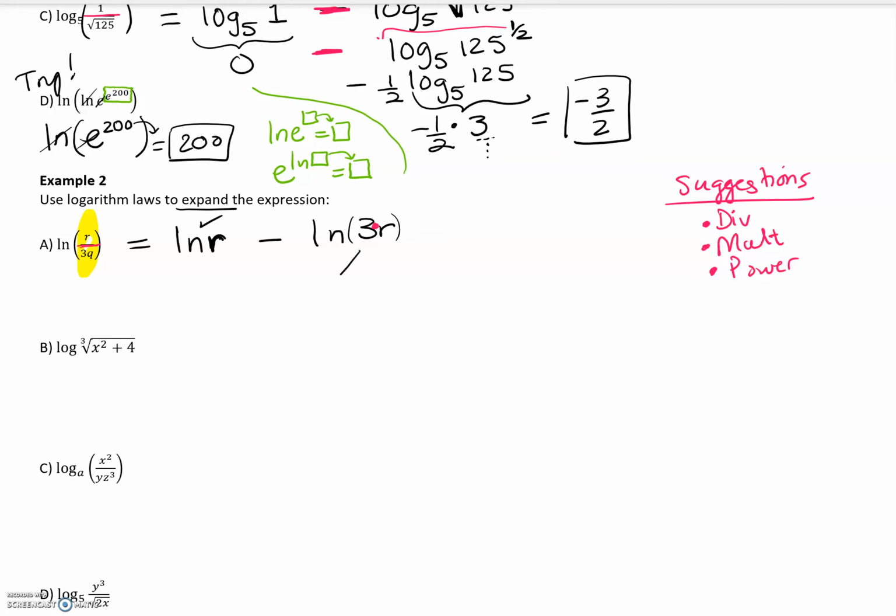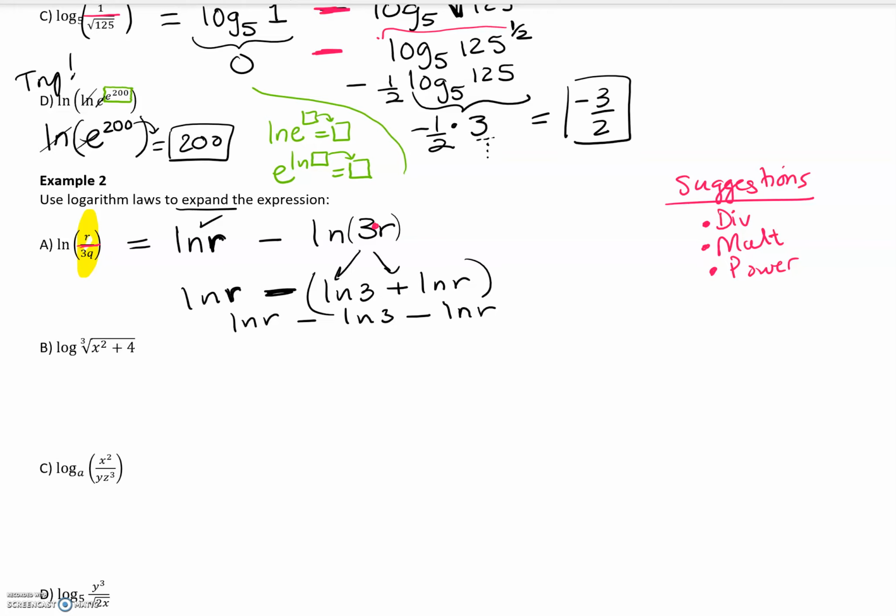So I could expand that into ln of 3 plus ln of r, because a multiplication turns into an addition. Now be careful, there's a minus waiting outside of that that's going to affect things, and I still have the ln of r in front of it. So now I have ln of r minus ln of 3 minus another ln of r, and it looks like the ln of r's go away.